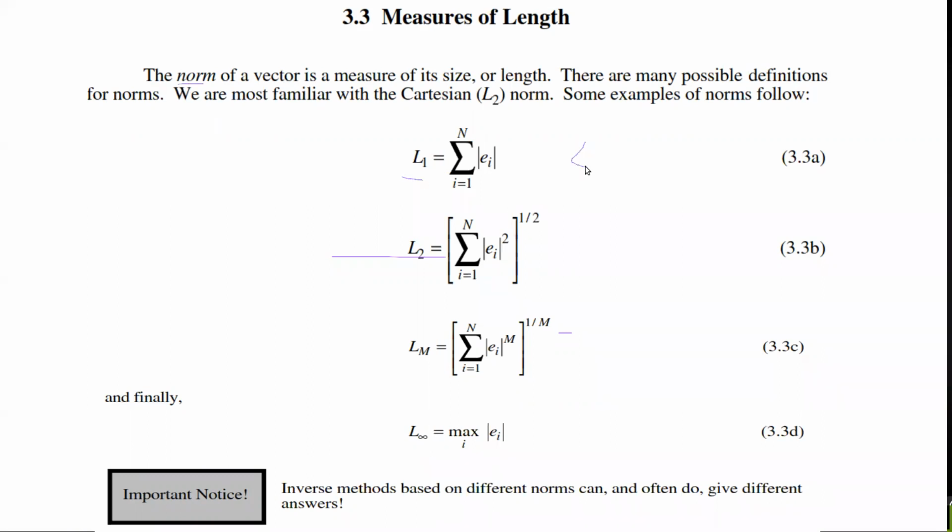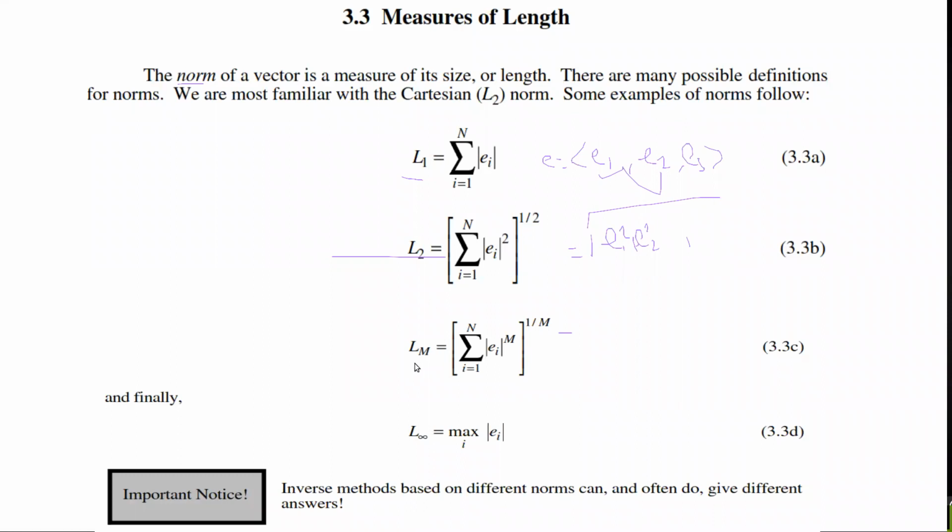So basically the L1 norm is just, if we have a vector E with elements E1, E2, say E3, then the L1 norm is just the summation of the absolute values of these elements of E. And the L2 norm, which is what we usually know, is the square root of E1 squared plus E2 squared plus E3 squared.